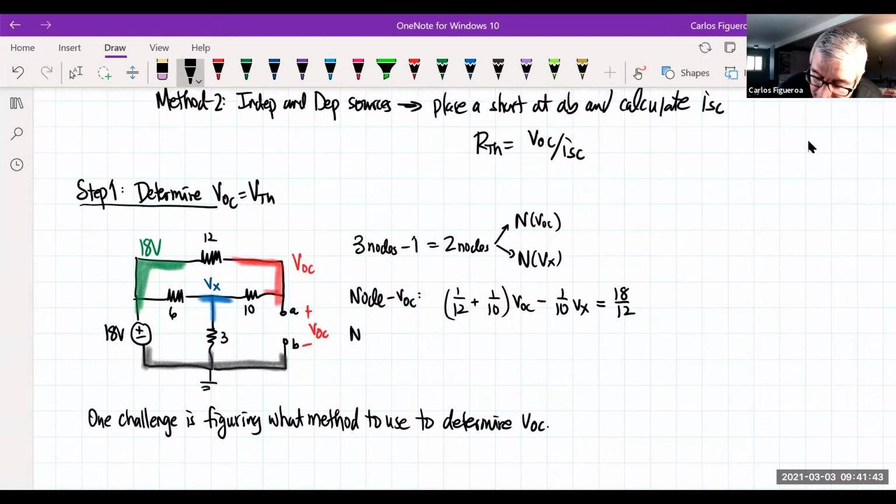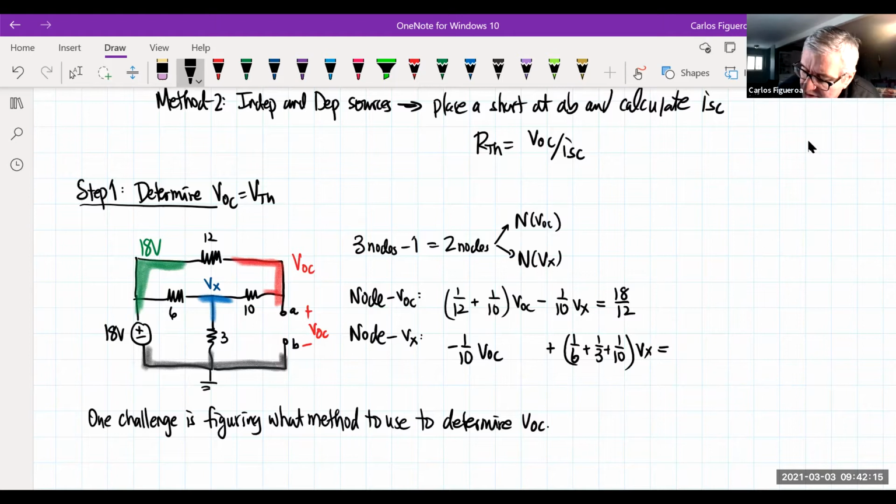And then I have my second node, which is Vx, and I see that there are 3 resistors. So I'm going to get 1/6 plus 1/3 plus 1/10 Vx. Now note one of these is connected to VOC, so that's the 10. So I'm going to get minus 1/10 VOC. And then I have the 6 connected to the 18, which would give me negative 18 over 6.